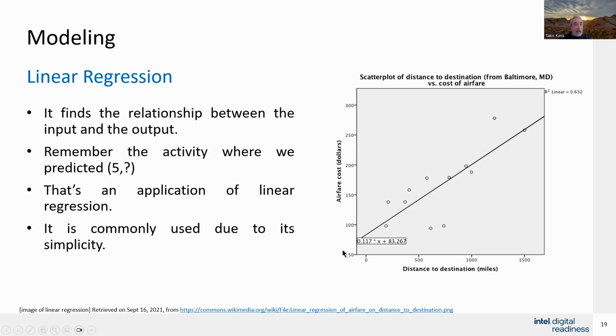And this is what we call a linear regression, meaning if I look at this as an algebraic formula, which they have posted on the screen here, this is the formula. So 0.117x plus 83 point whatever is the formula. So for any given value of x, I can predict it'll probably be along that line somewhere.